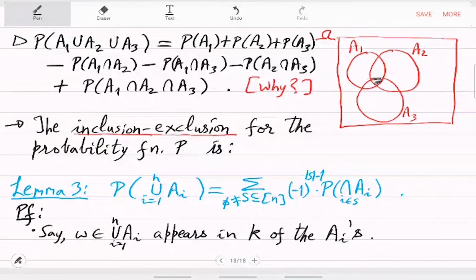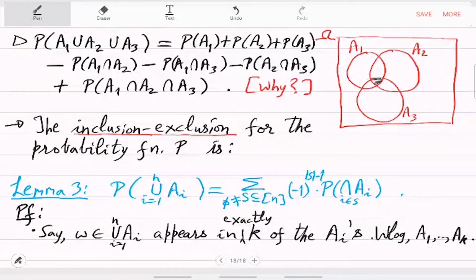Omega will appear in at least 1, and say it appears in exactly K of the Ai, and without loss of generality you can assume the first ones, A1 to AK. Why is this without loss of generality? This is simply because of the symmetry of union. If it is something else, then you can just relabel it, call it A1 to AK. Both left hand side and right hand side in this lemma statement are symmetric with respect to this operation.